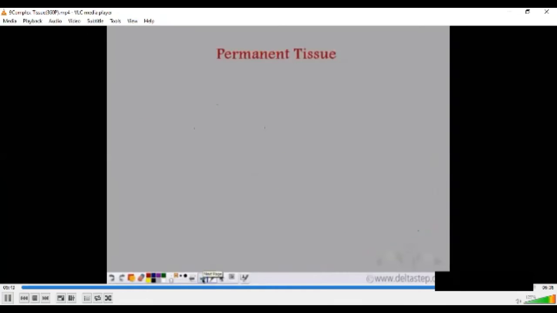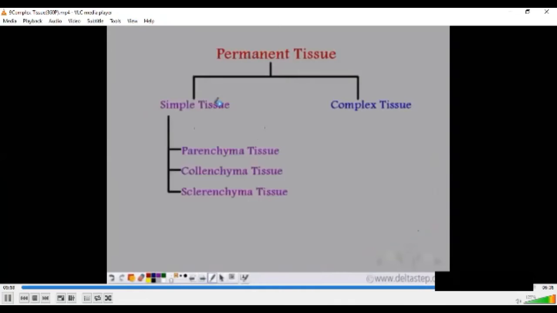So permanent tissue can be divided into two categories: simple permanent tissue and complex permanent tissue. Now simple permanent tissue can be further divided into three kinds: the parenchyma tissue, the collenchyma tissue, and the sclerenchyma tissue.